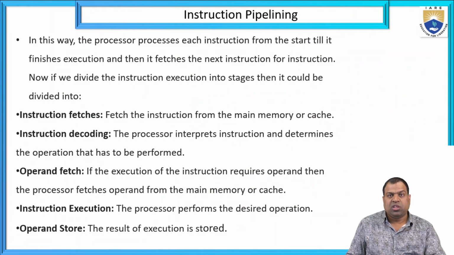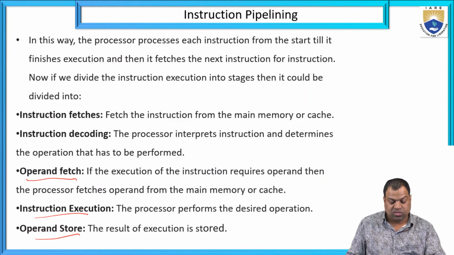In this way, the processor processes each instruction from the start till it finishes execution, and then it fetches the next instruction. Now we can divide the instruction execution into stages: instruction fetch, instruction decoding, operand fetch, instruction execution, and operand store.